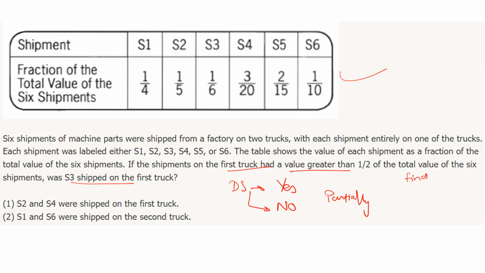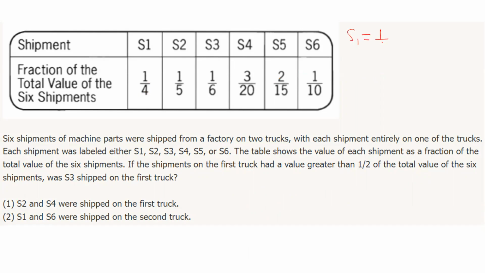Firstly, all the values are given to us in fractional form. If we convert them into decimals, then this question becomes a little easier. So 1/4, we can write as 0.25. Similarly, S2, which is 1/5, equals 0.20. S3 is nearly 0.16 or 0.17, hardly matters.